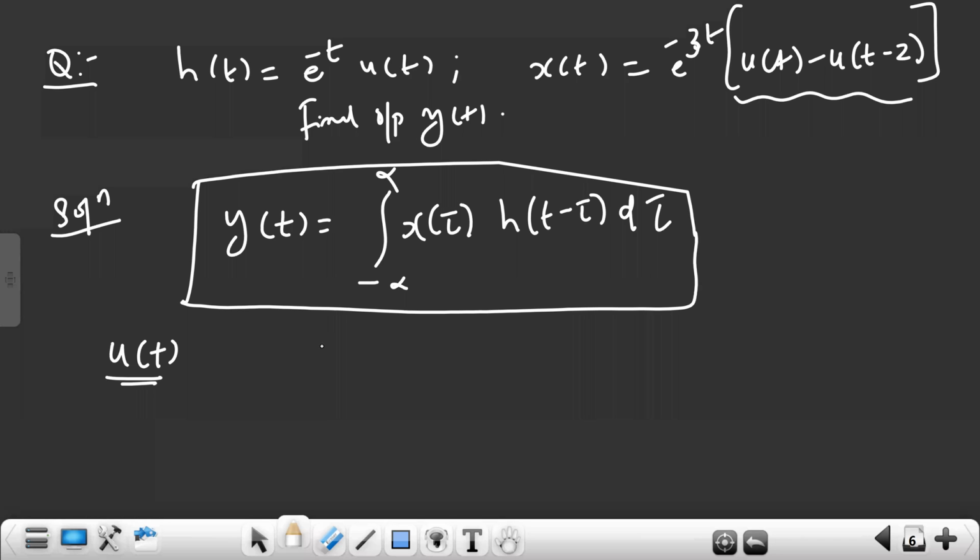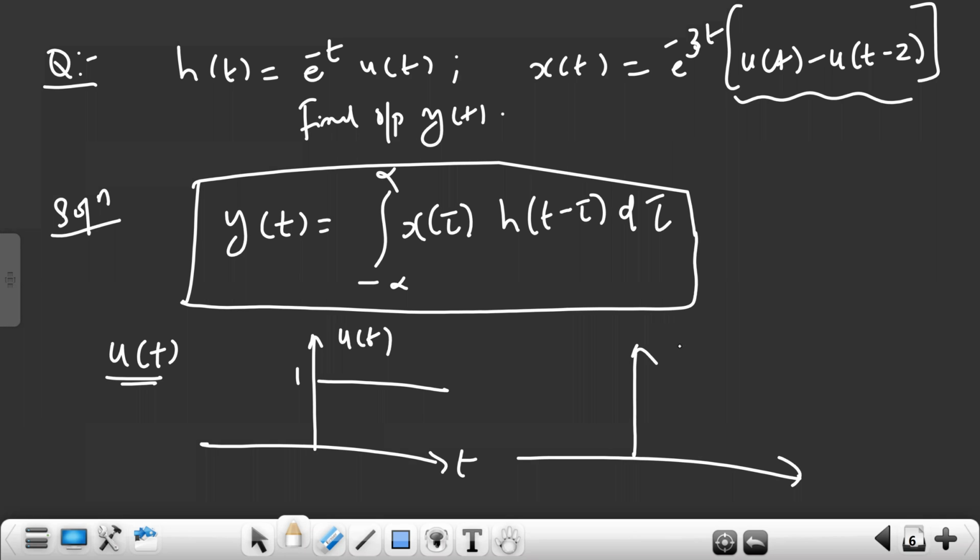This is your u of t. And u of t minus 2 is a right shifted unit step by 2 units. That is, it has shifted towards right side by 2 units. And observing this, we need to subtract the two signals, u of t minus u of t minus 2, and tell me what is the answer after subtraction.